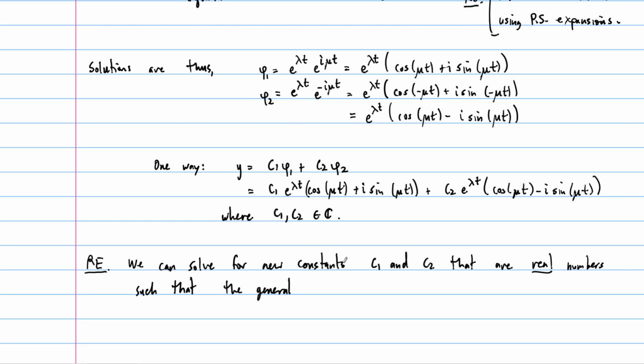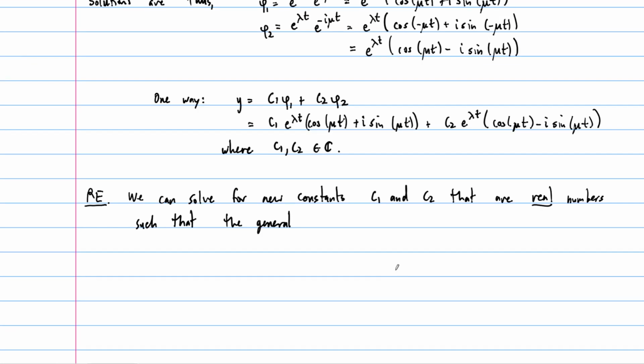I know this is a lot of circular reasoning in some sense, but it's all going to become clear once we actually do these problems. The general solution is of the form y equals C1 e to the lambda t cosine of mu t plus C2 e to the lambda t sine of mu t.